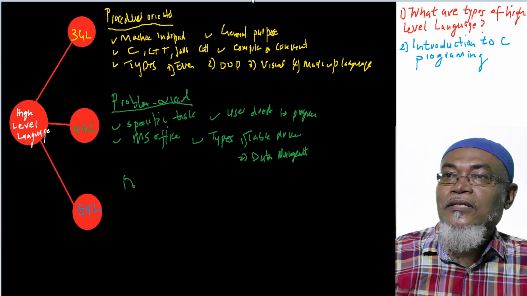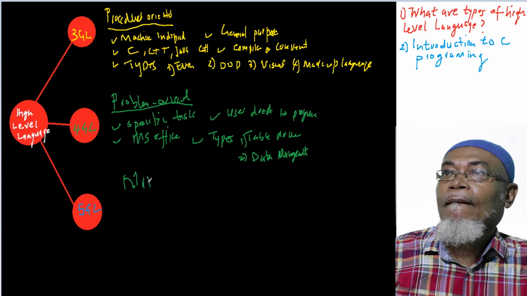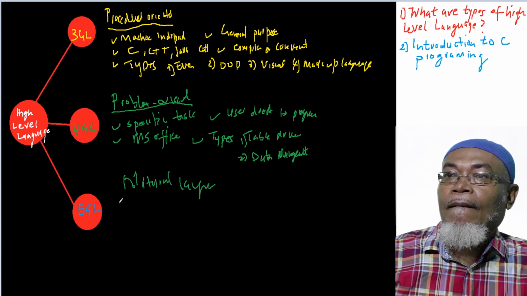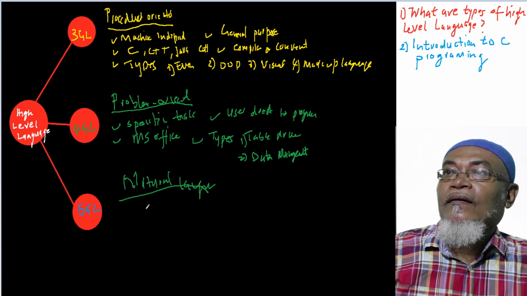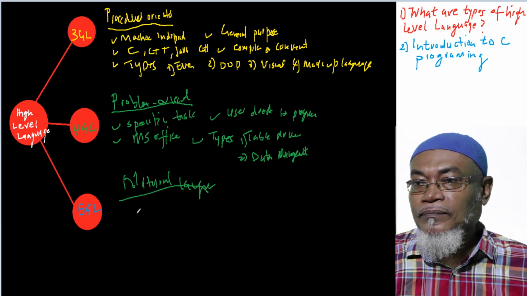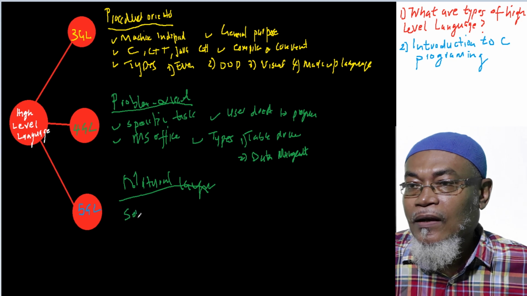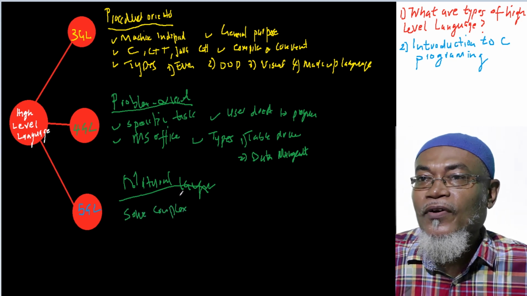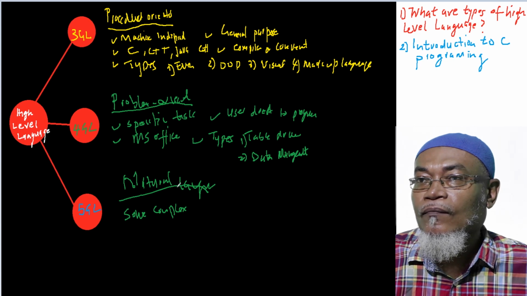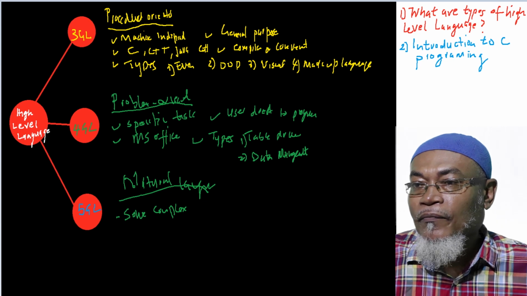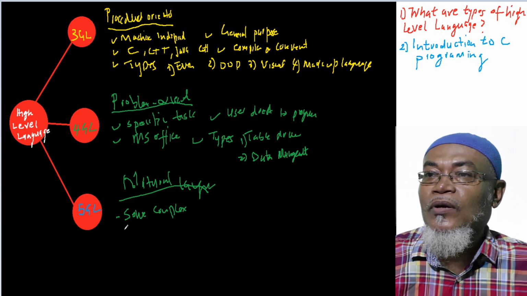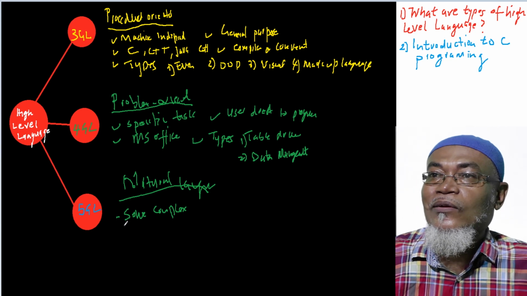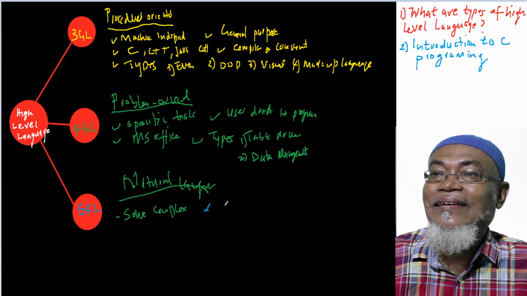The third one is called natural language. Natural languages solve very complex problems, and they don't require a programmer to write any program because they do not take simple programs, and they are near to a human being.